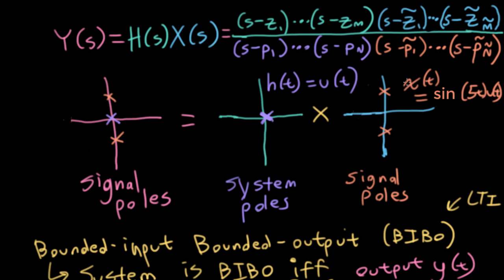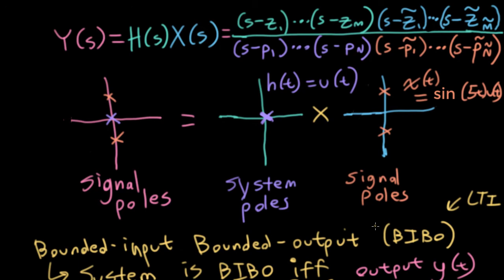Well, here, notice just incidentally, my impulse response is bounded, my input here is bounded, and my output here is also going to be bounded, because think about what this partial fraction expansion is going to look like. I'm going to have some sort of y(t) that has some constant times a u(t) plus some constant times a cosine, whatever. All of that's bounded, right? The unit step is bounded, the cosine's bounded.